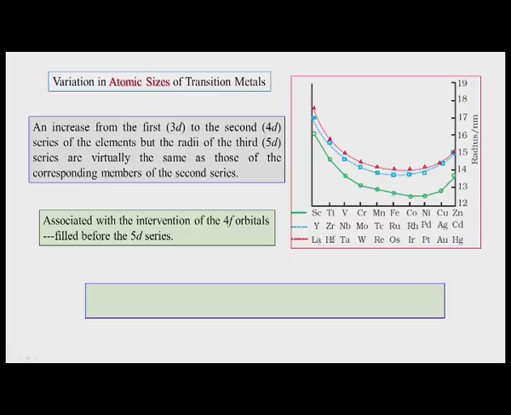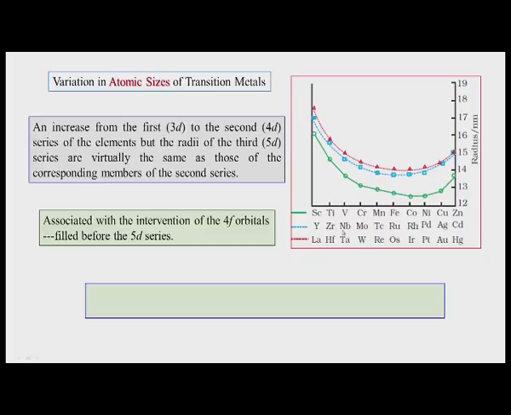So, as we move here, starting from lanthanum, the second element from lanthanum, here we are putting the corresponding 4f orbitals or the 4f elements. Lanthanum and the other series of 14 elements are the corresponding lanthanoids. So, lanthanoids are put over here.